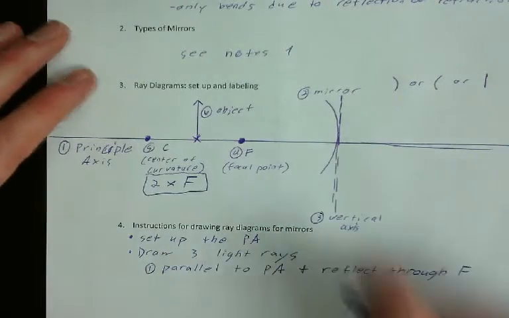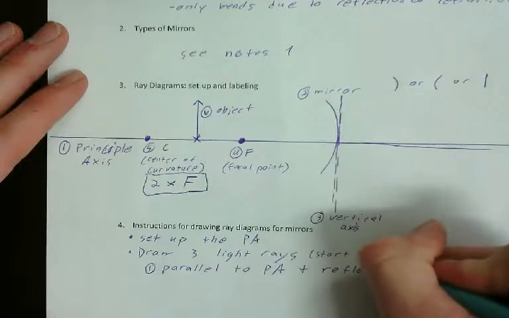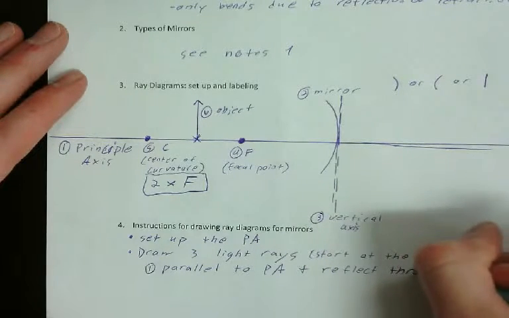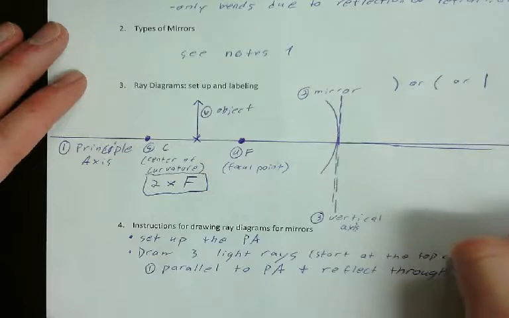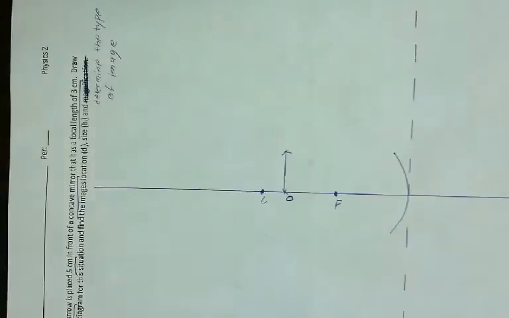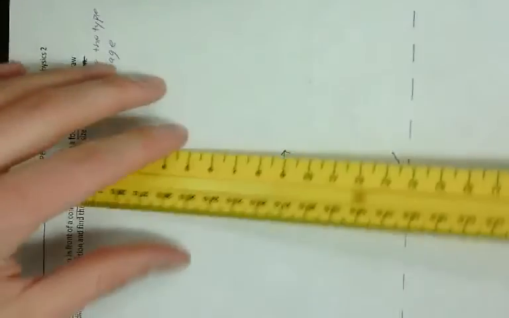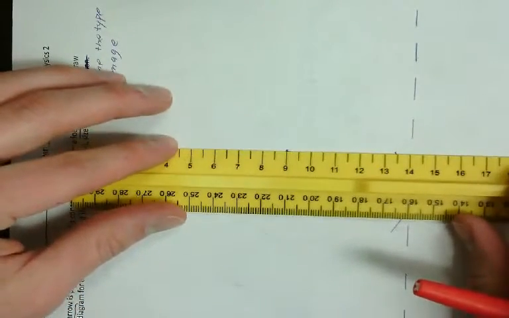You always want to start at the top of the object. So, I'm going to start at the top of the object here. I'm going to make a light ray that is parallel to the principal axis, and then it reflects through F. So, I start at the top of my object.